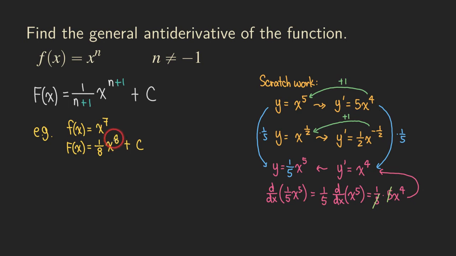Once you obtain the power, then you are going to multiply by its reciprocal for the function. So the order is important. We have to add 1 to the power first before we multiply by the reciprocal. So we cannot multiply by the reciprocal of the original power and then add the 1. That's not going to work.